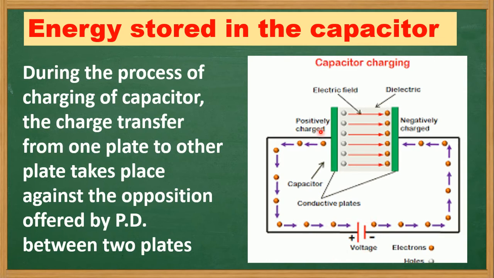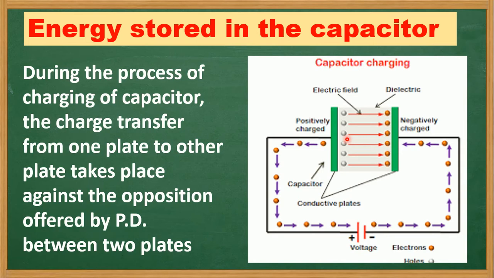Now these golden spheres are actually the electrons. So the process of capacitor charging is on now. When you switch on the battery and the circuit is completed, the capacitor gets charged. Now what happens during the process of charging of a capacitor?